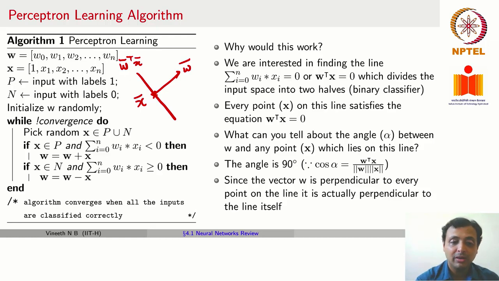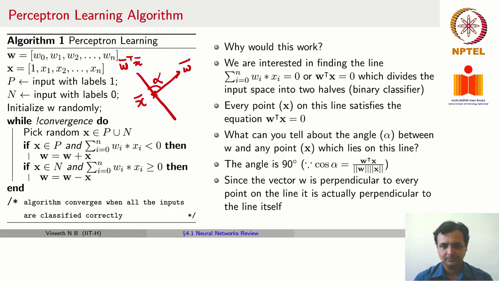The angle between x and w, which is say given by alpha, is given by w transpose x by norm w norm x by simple expansion of the dot product. Okay. And that numerator we know has to be 0 because w transpose x has to satisfy 0 for all points on the line, and hence the angle has to be 90 degrees. Rather, the vector w is perpendicular to points on the line.